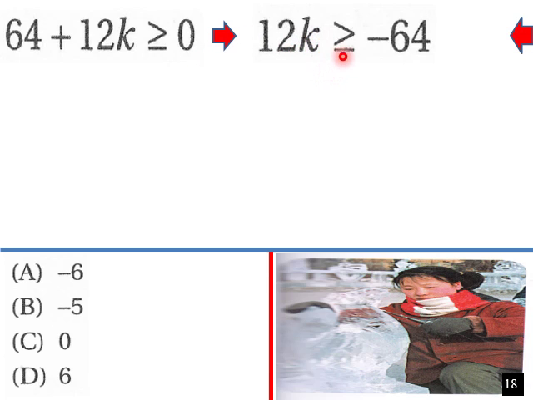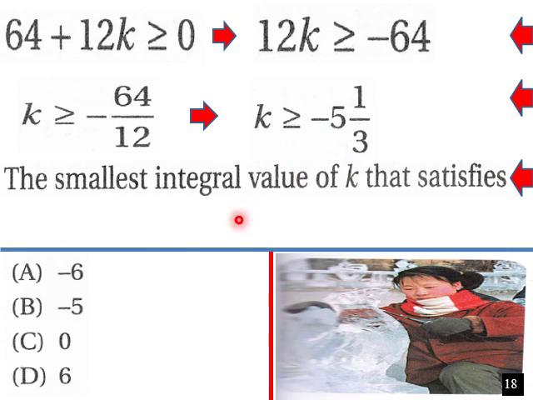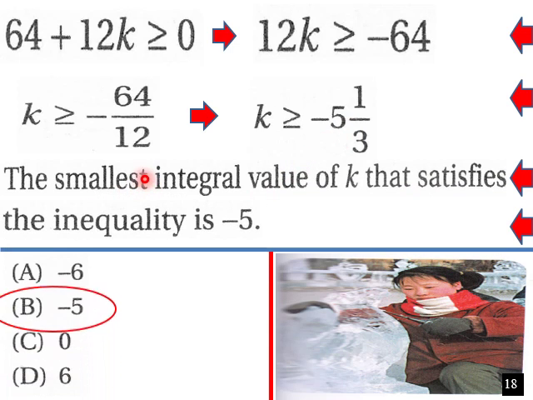Then 12k is greater than or equal to negative 64. When we divide through by 12, k has got to be greater than or equal to negative 64 over 12, which is negative 5 and 1/3. So the smallest integral value of k that satisfies the inequality is negative 5. That is how you would solve that problem.